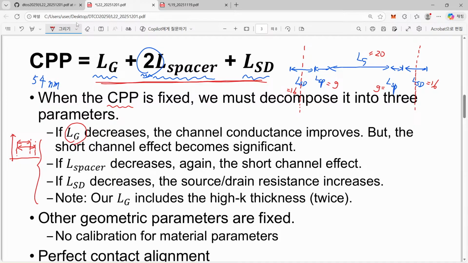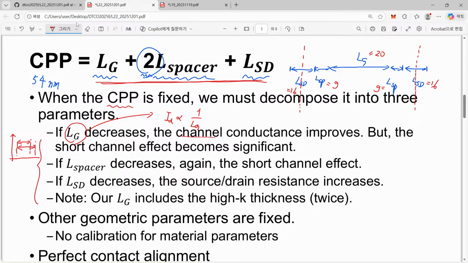Good, because if we just reduce the length, then we believe that our drain current has a factor of 1 over LG. Since the channel is reduced, the distance for our electrons or holes to travel becomes shorter, so it increases the current of our transistor.